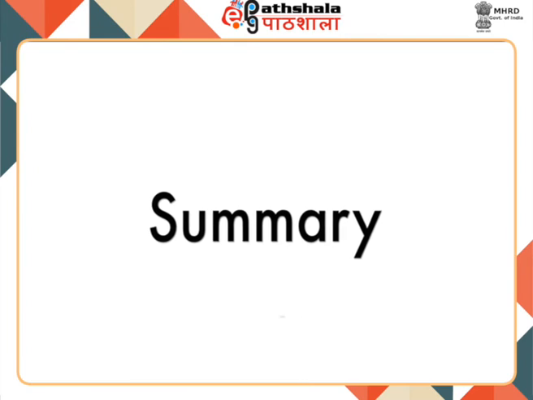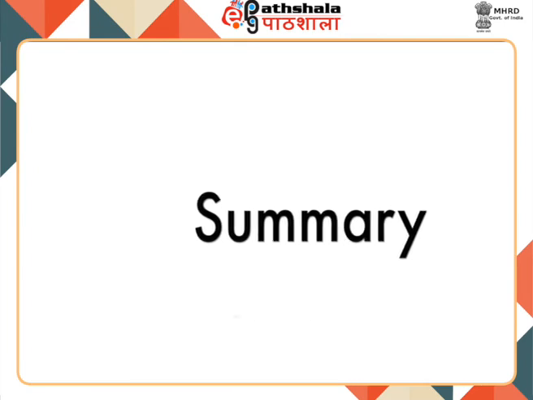Now, I will summarize what you have studied in this module. Alkalinity, acidity, color, turbidity, dissolved solids, hardness, free chlorine, BOD, COD, DO, coliform count, etc. are some of the parameters which are used to check the quality of water.